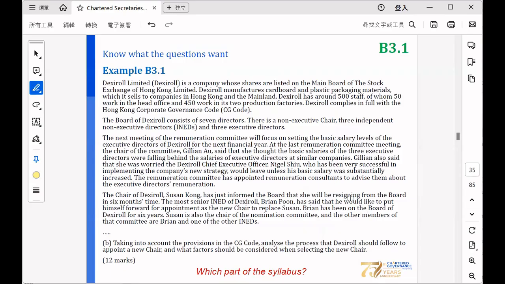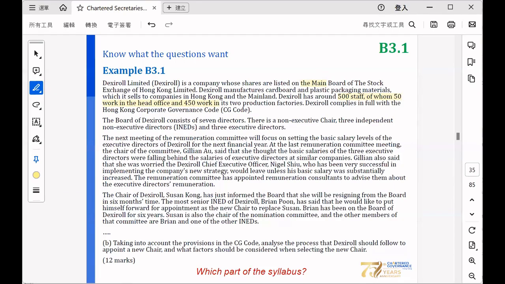So let's take a look at this question. You can see that this company is listed on the main board. So it's a listed company on the Stock Exchange of Hong Kong. The business of the company is to manufacture cardboards, etc. And there are a lot of people working in this company.